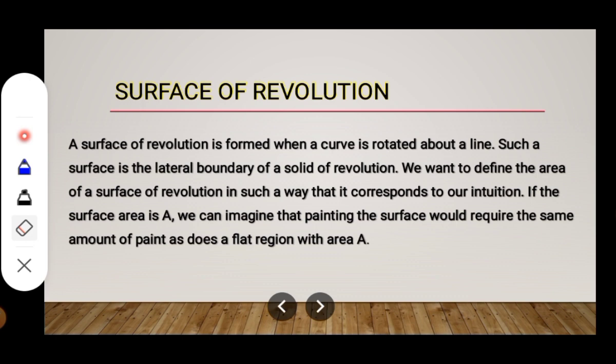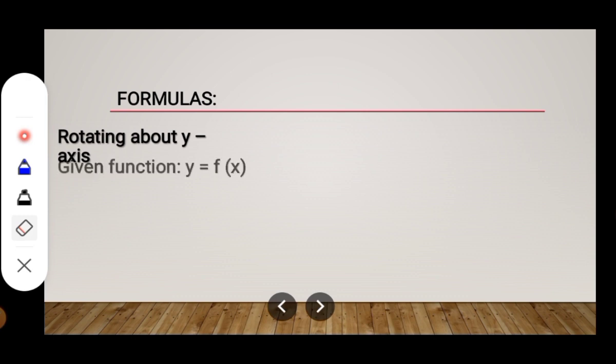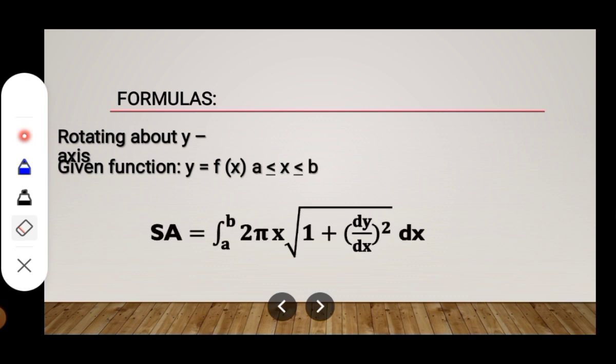So here are the formulas that we will need to use. First is rotating about the x-axis, given the function y equals f of x from a to b. The formula is the integral of 2 pi y, times the square root of 1 plus dy over dx squared, dx from a to b.